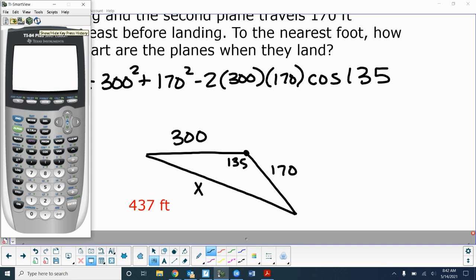Then what do I got to do? Square root it. There you go, 437. Simple.